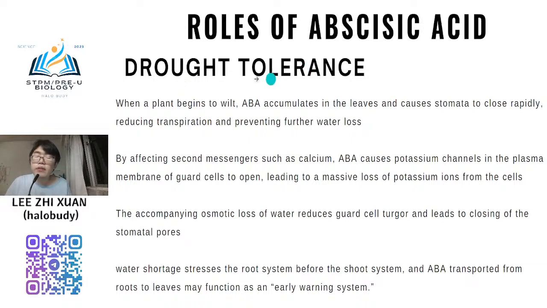It can tolerate the drought condition. When a plant begins to wilt, when it is about to die from lack of water, abscisic acid will start to accumulate in the leaf and close the stomata rapidly.